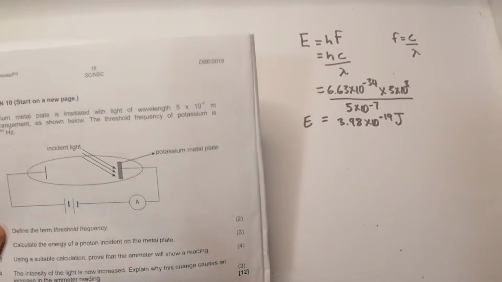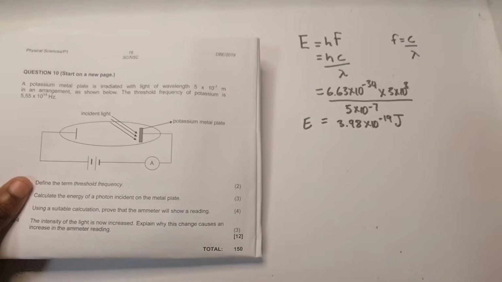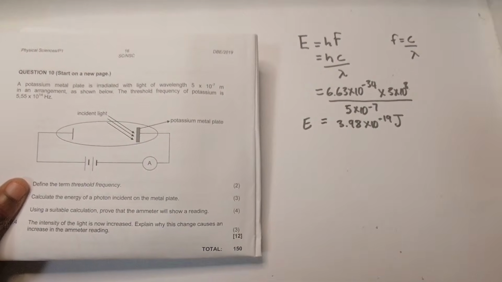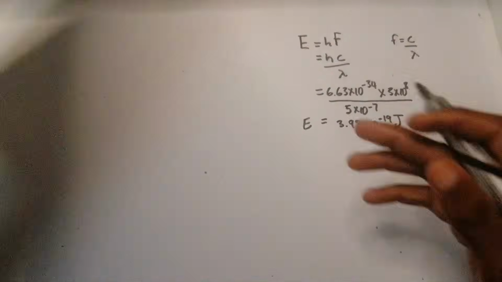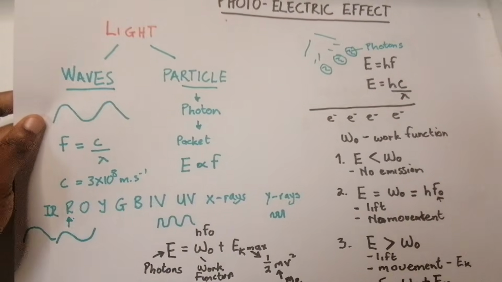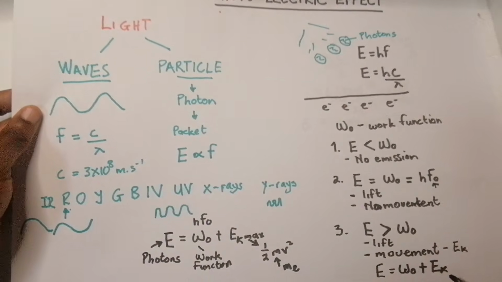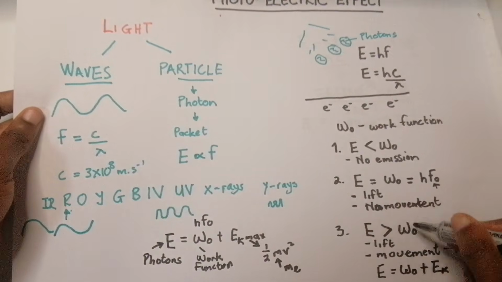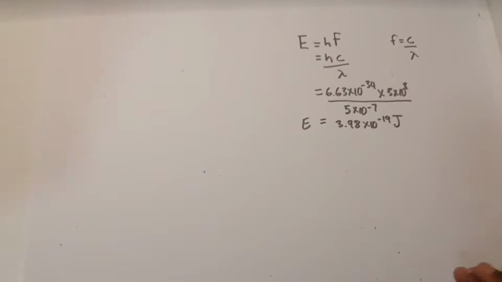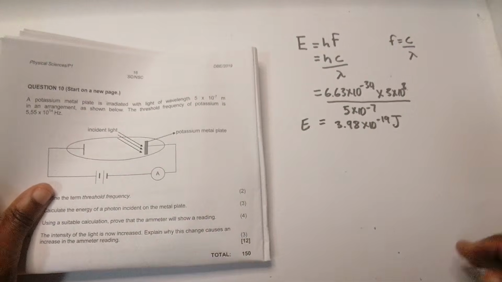So they are taking us to condition 3 in terms of the things that we discussed previously. In condition 3, we remember that the energy of the photon was equal to the work function plus the kinetic energy, so it is where the energy of the photon is greater than the work function. In this case, what we simply need to prove is whether the emitter will show a reading.